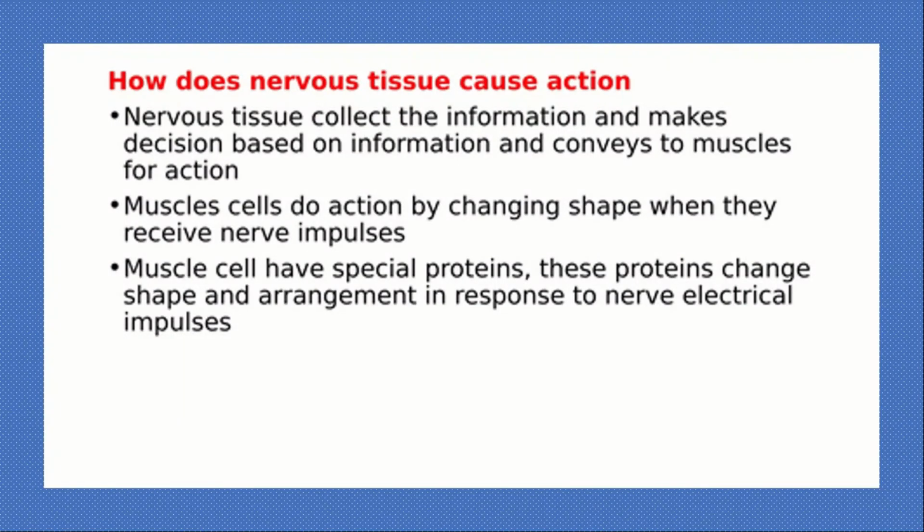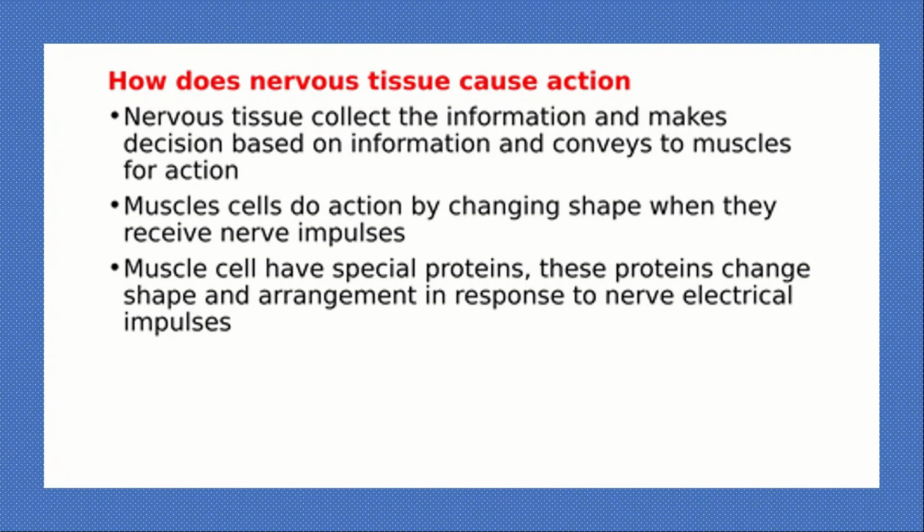Next, we have to know how nervous tissue causes action. The nervous tissue collects information, makes a decision based on the information, and conveys it to the muscle for action. Muscle cells do action by changing shape when they receive nerve impulses.